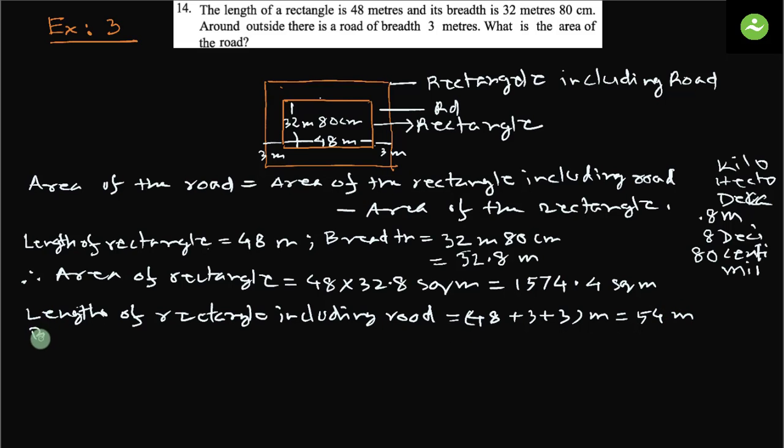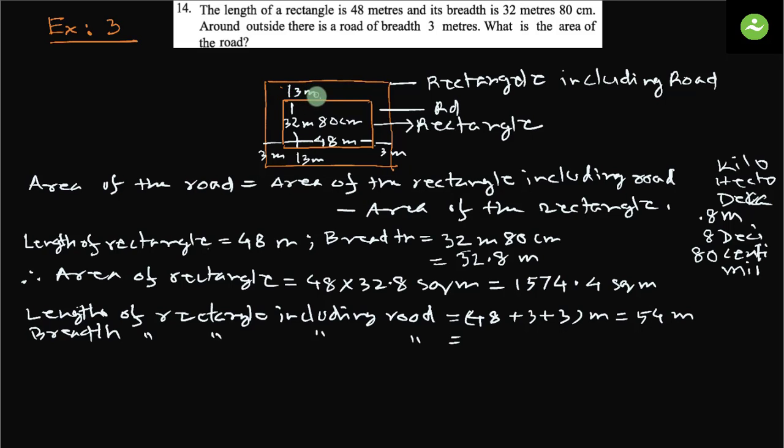What is the breadth? Breadth of the rectangle including road equals 32.8, and we add another 3 here and another 3 here. The breadth of the road all around is 3 meters.